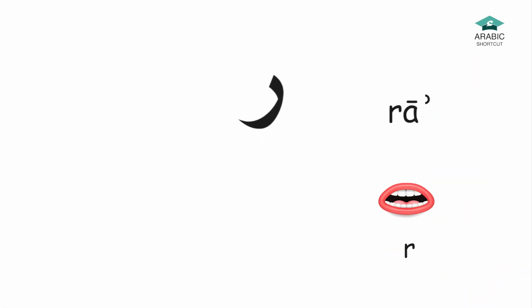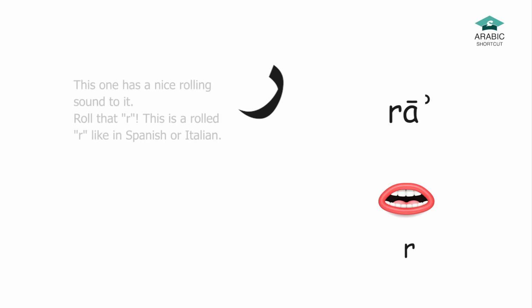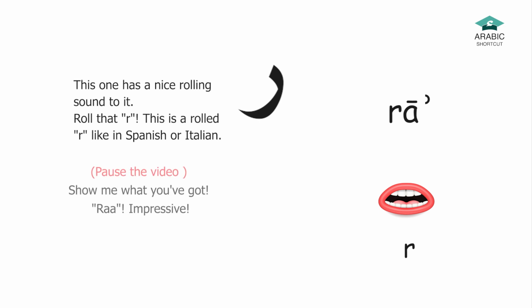حرف الراء. راء. This one has a nice rolling sound to it. Roll that R. This is a rolled R, like in Spanish or Italian. Pause the video. Show me what you've got. Ra, ra, ra.